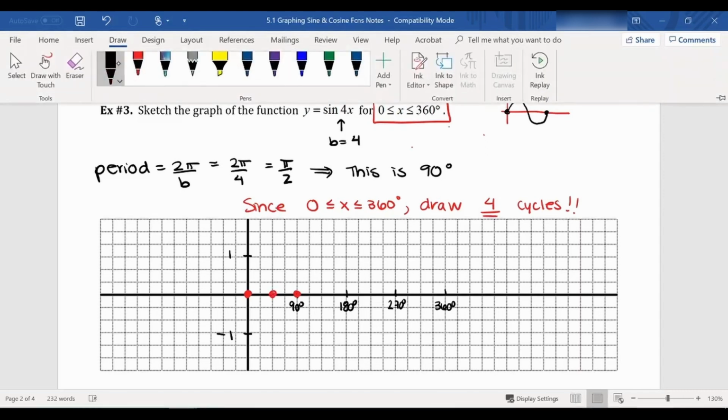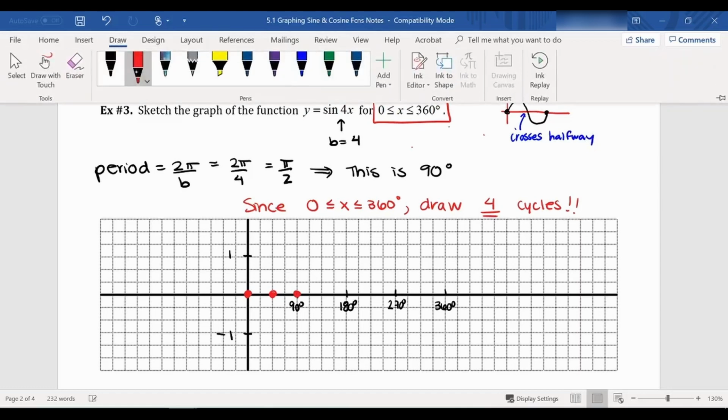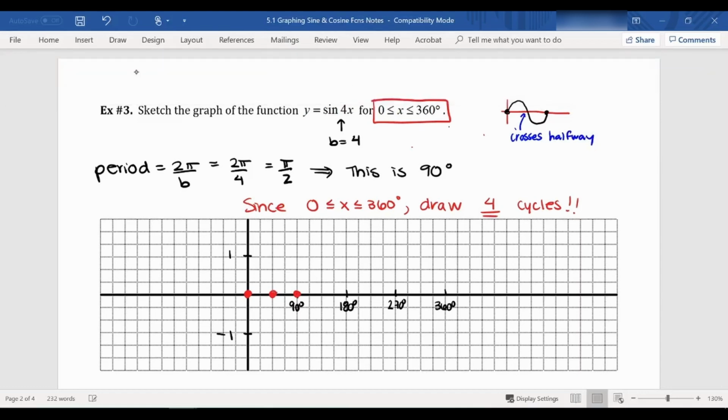Okay, so it crosses here halfway. And then the maximum is halfway between the first 2, and my maximum I know is 1, and the minimum is halfway between the next 2. So one cycle is going to look like this. And then I can just rinse and repeat.